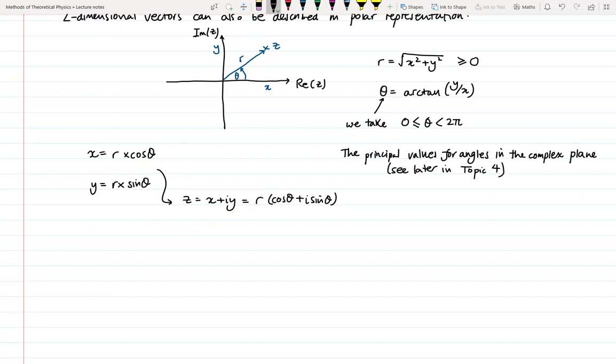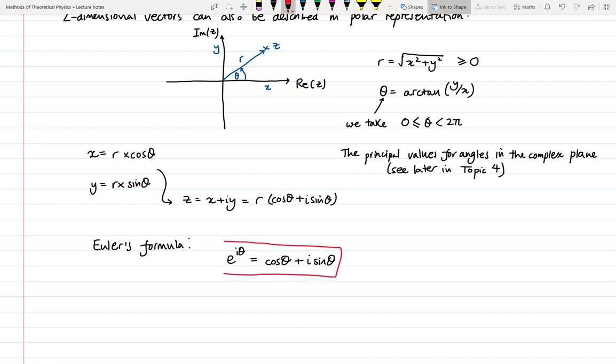We're going to quickly look at Euler's formula. Now, Euler's formula, often lauded as one of the most beautiful relationships in maths, states that e to the i theta, where e is 2.718 and theta is some real number describing the angle in the complex plane, is given by cos of theta plus i times sine of theta. And this is so important that I'm going to put a red box around it.